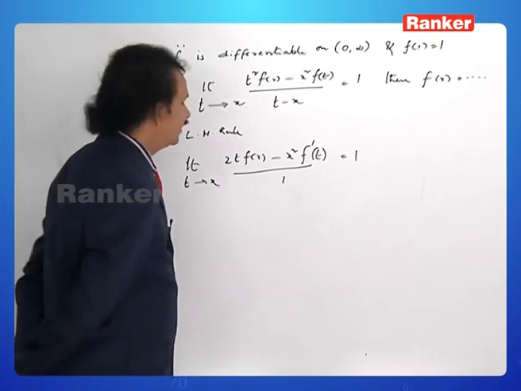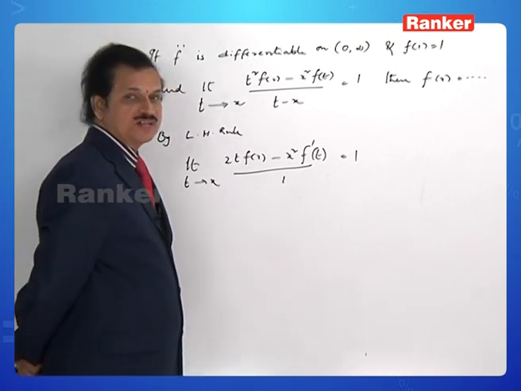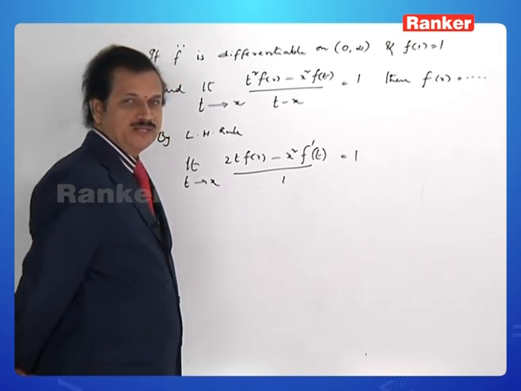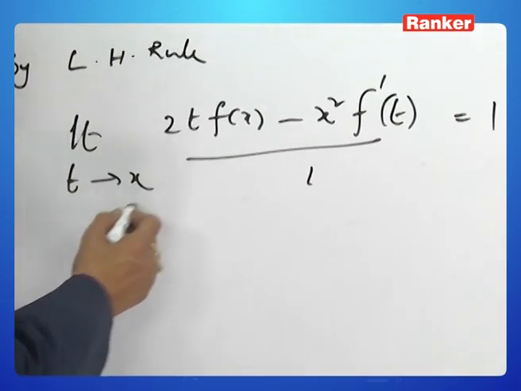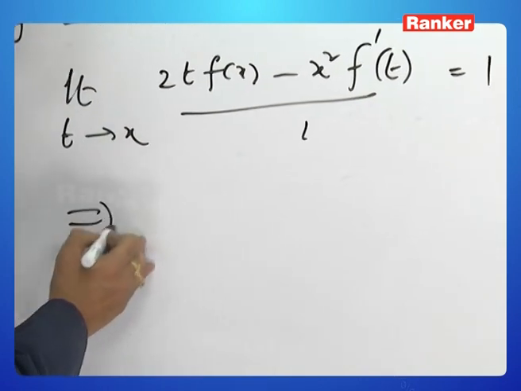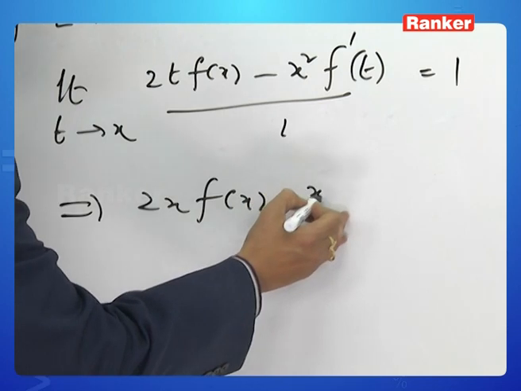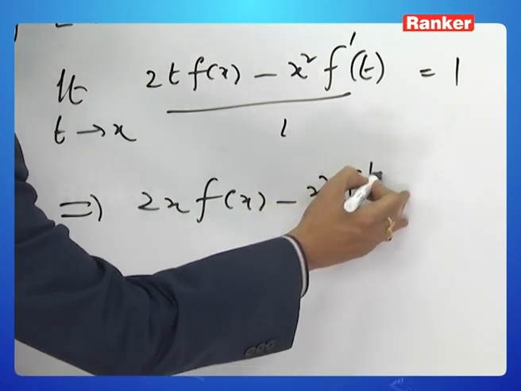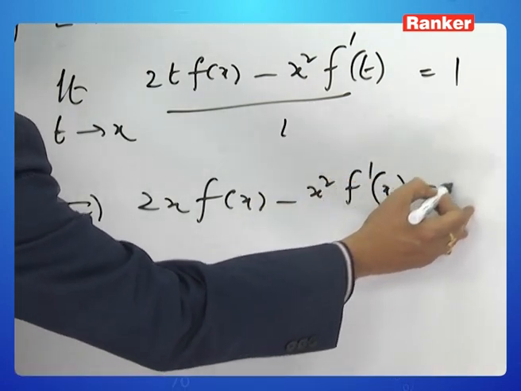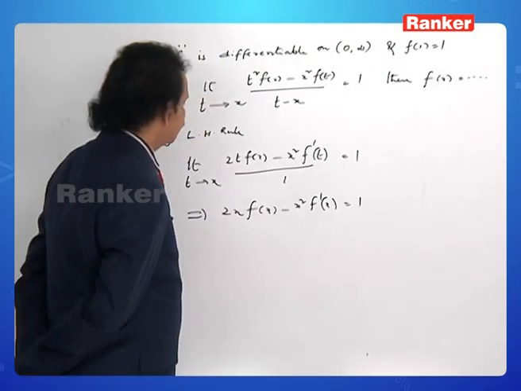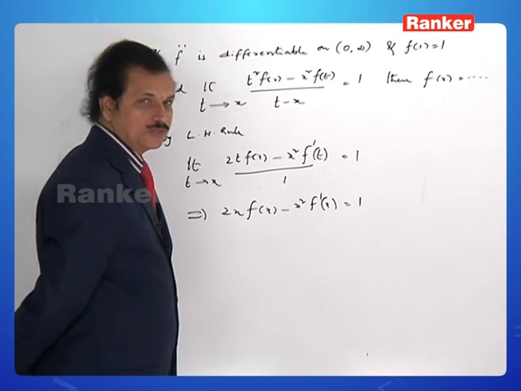I could have found the derivative with respect to t because I am supposing t as the main variable here. As t tends to x, this is nothing but 2x into f of x minus x square into f dashed x is equal to 1.